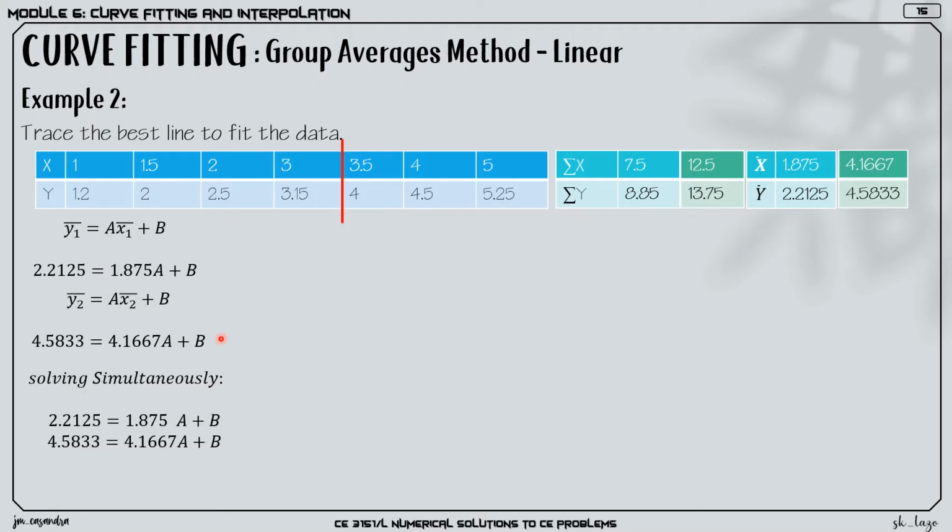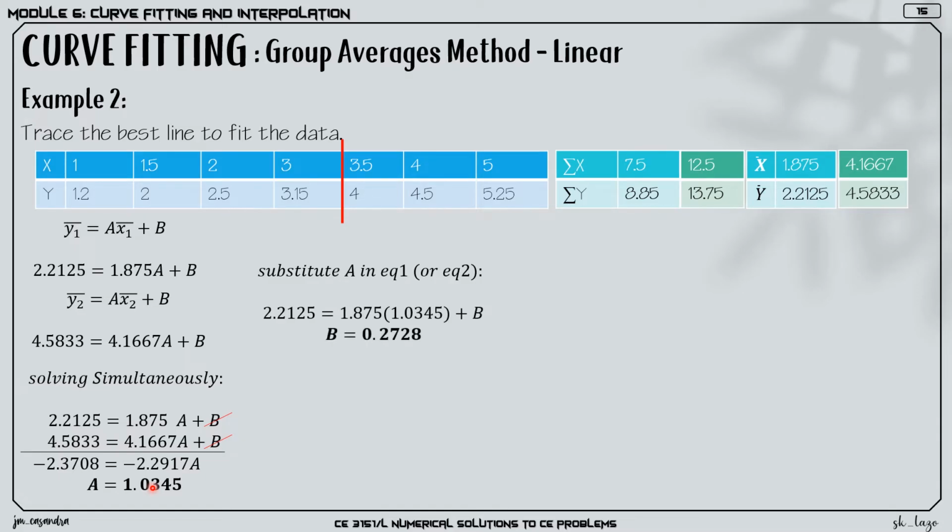So solving simultaneously equation 1 and equation 2 by elimination through subtraction, we'll eliminate b by canceling it out. So we arrive now at a value of a which is equal to 1.0345. So substitute now using the computed value of a in equation 1 or equation 2.